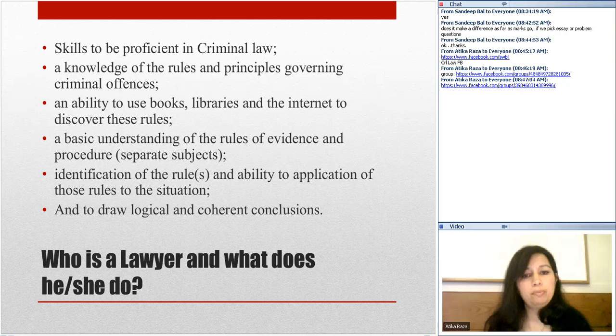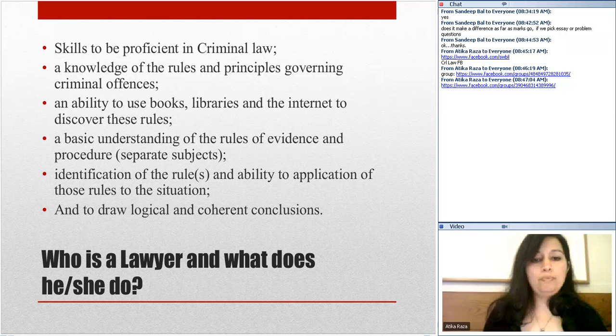Also, you should be able to see as a lawyer what rule is going to be applicable to a particular offense, and how you are going to apply that particular rule of law, that particular statute, that particular case law to the offense that's been committed. You should be able to draw logical and coherent conclusions, which means that you should be able to infer.